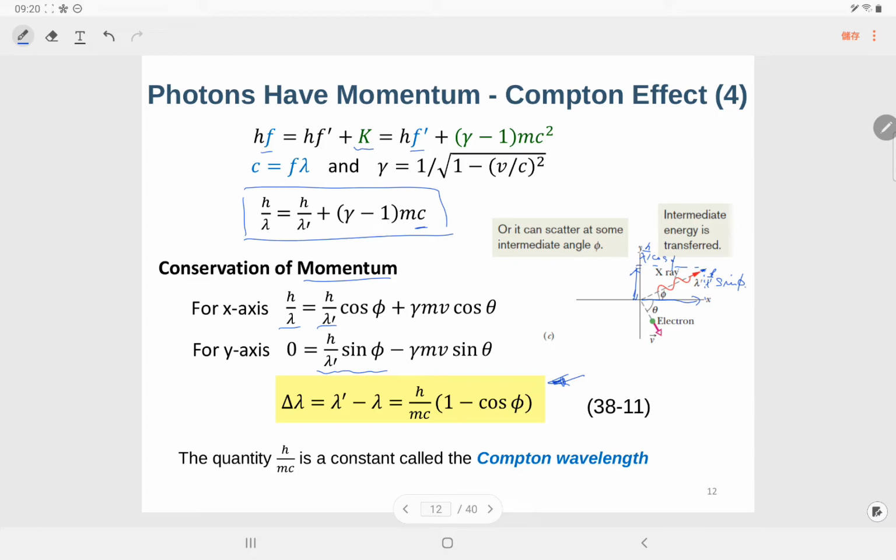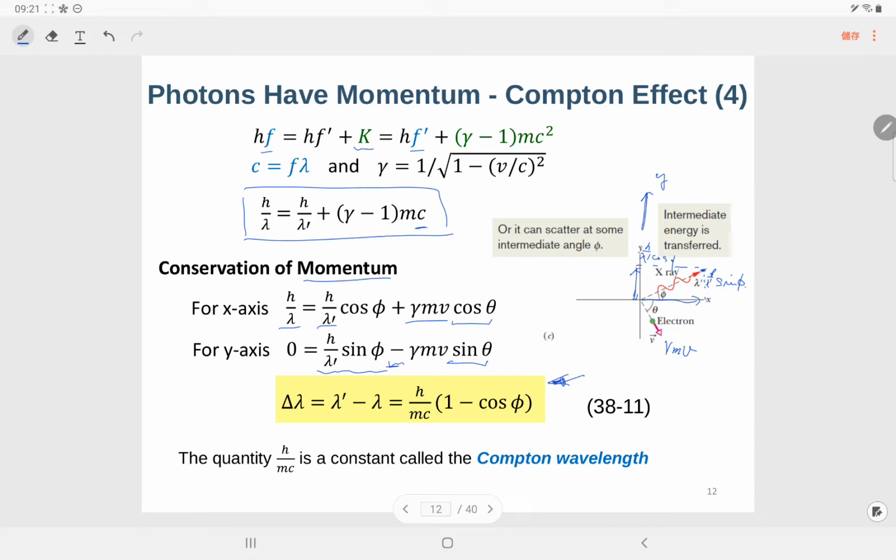So for the electron, the momentum is gamma mv, if you still remember. So for the x-axis, this one is gamma mv. If you decompose it into the x-axis component, this is theta, which means that we multiply by cosine theta here, and then we multiply by sine theta, but with a negative sign, because this is the positive y-axis.